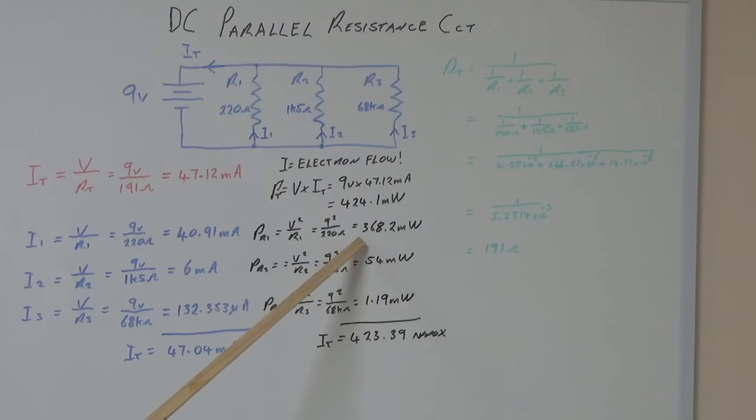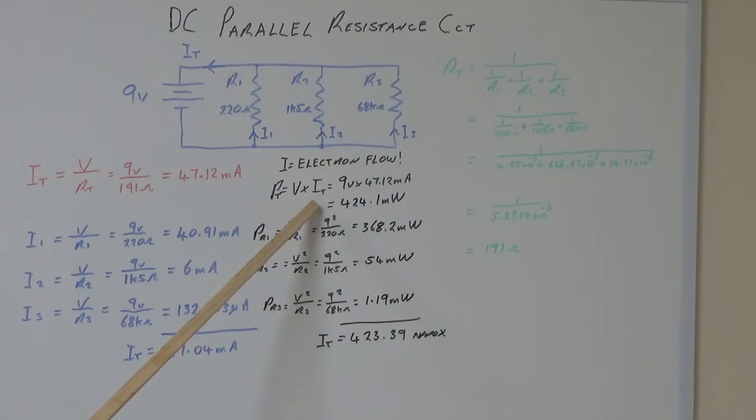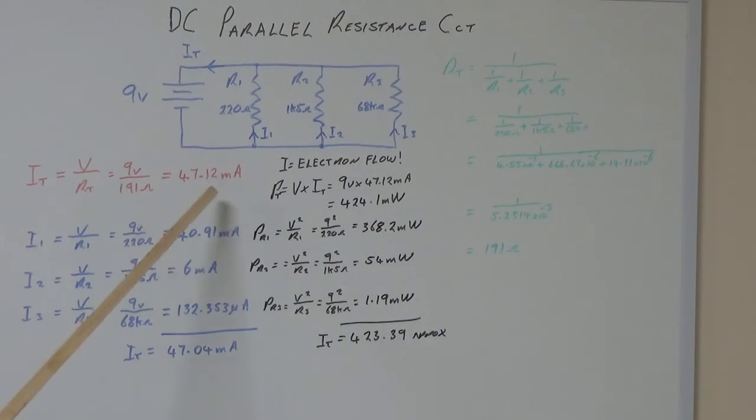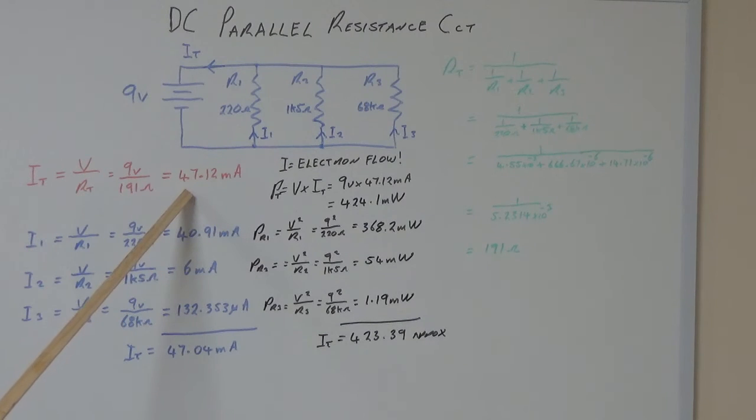And as you can see, we get for the power dissipated at R1 is 368.2 milliwatts, R2 is 54, and R3 1.19 milliwatts. If you add all that up, these three, you end up with 423.39 approximate, which is pretty close to 424.1 milliwatts based on a 9 volt supply and a 47.12 milliamps total current.